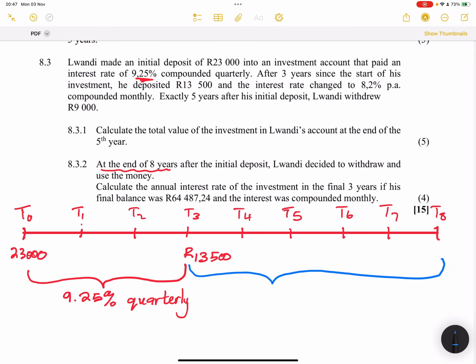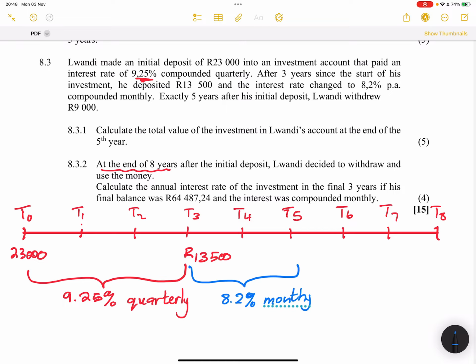I don't know whether it's for the duration, let's just keep it till 5 years. So this is 8.2%, and this is monthly.